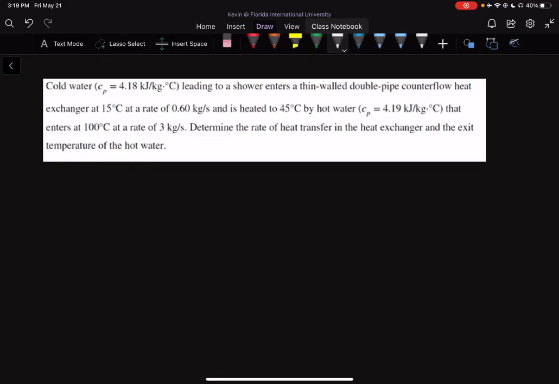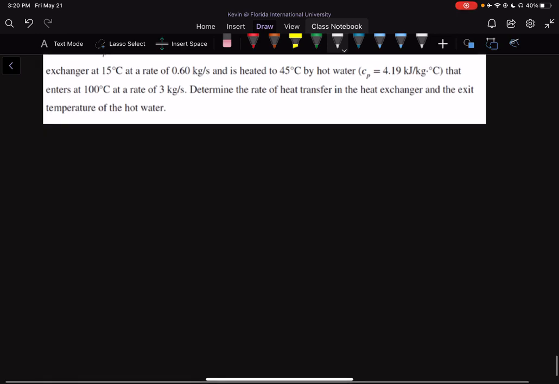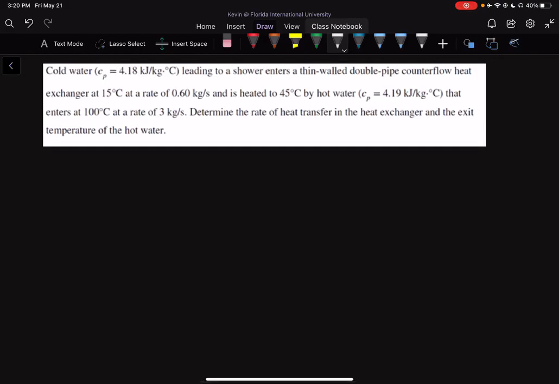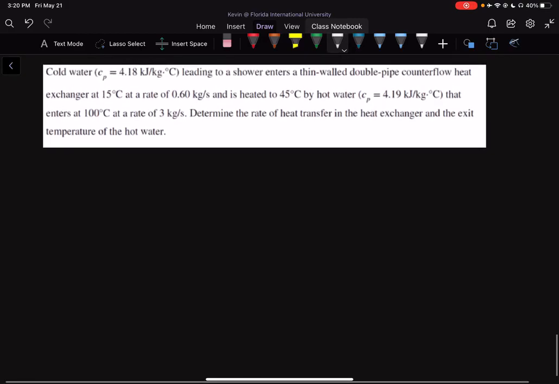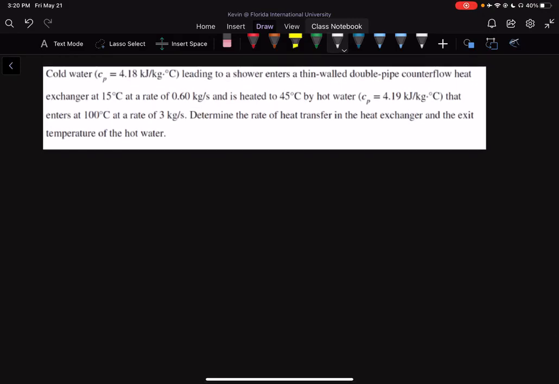So we have a problem, and this problem shows us that we have a double pipe counterflow heat exchanger. A double pipe counterflow heat exchanger is just a heat exchanger with two different pipes that are flowing against each other. So we're going to draw the hot water pipe going in this direction, and we have some hot water that's going in this direction.